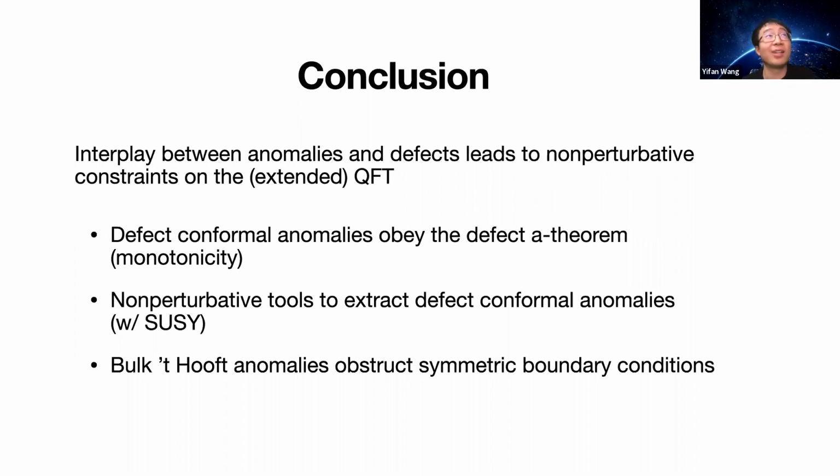In particular, the defect conformal anomalies obey the so-called A theorem, a defect version of the A theorem, which proves that the RG flows localized on the defect coming from defect perturbations are monotonic. I've also introduced some non-perturbative tools to extract defect conformal anomalies, this important physical observable for defect conformal field theories in the presence of supersymmetry. And I've discussed how bulk 't Hooft anomalies constrain or obstruct symmetric boundary conditions.